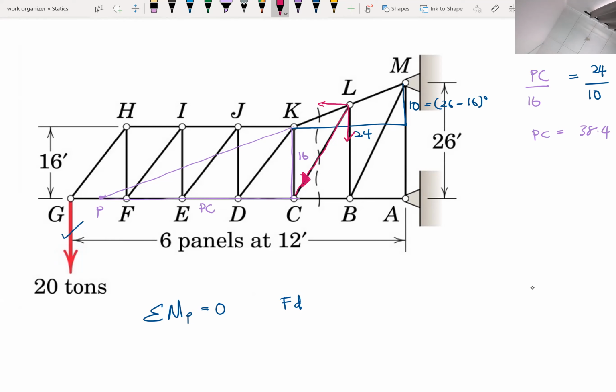Which means we have to determine the angle here. This time we name it as, let's say, beta. So how do we want to determine the beta?